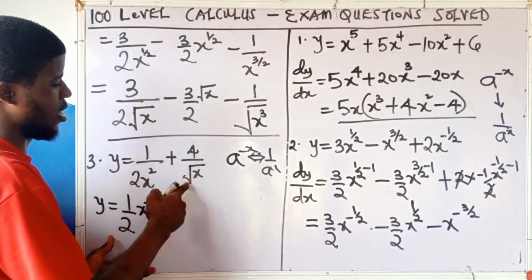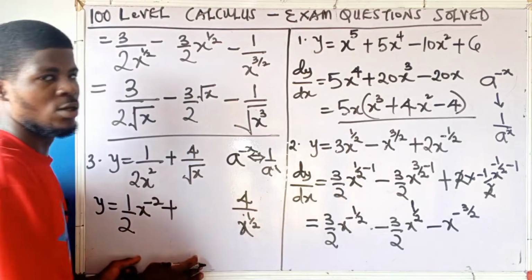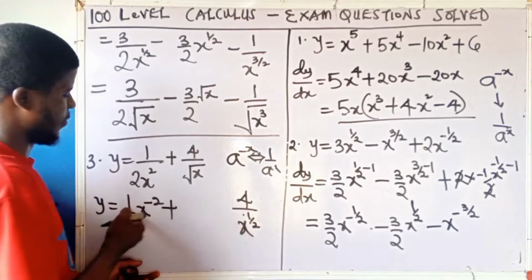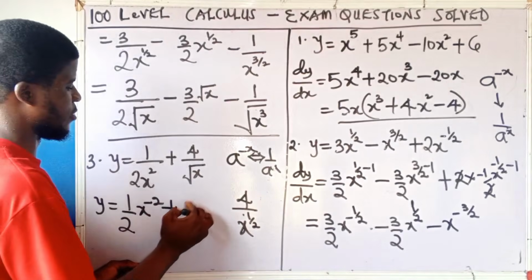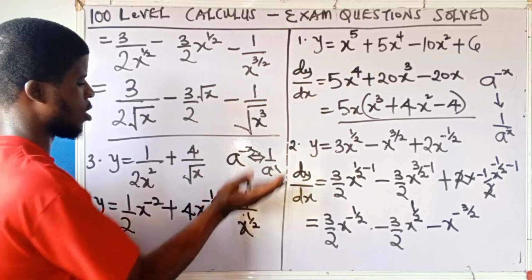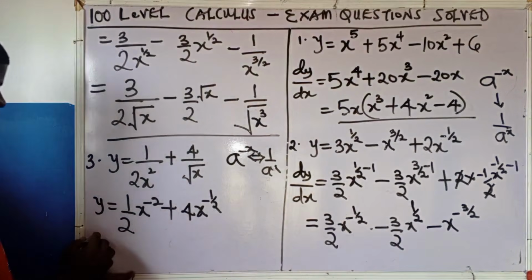Now, the square root of x means x raised to the power 1 over 2. You agree? So if I should write this in this form, it's going to be like this: 4 times x raised to the power what? Minus 1 over 2. That's the meaning. Alright, so this is it.